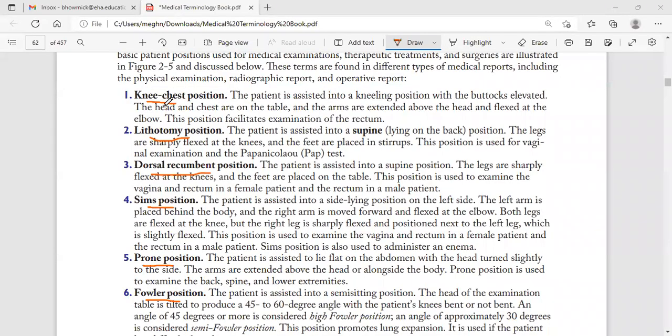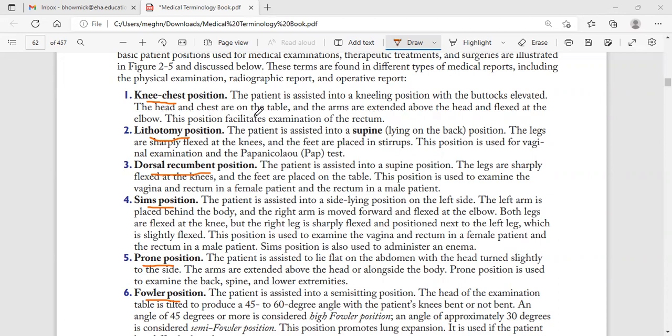So first one, the knee chest position. The patient is assisted into the kneeling position with the buttocks elevated. The head and chest are on the table. The arms are extended above the head and flexed at the elbow.